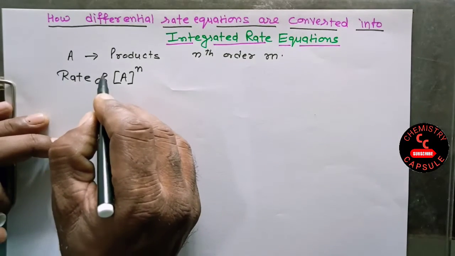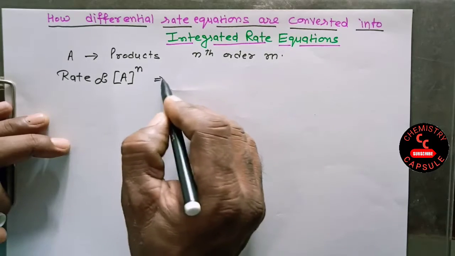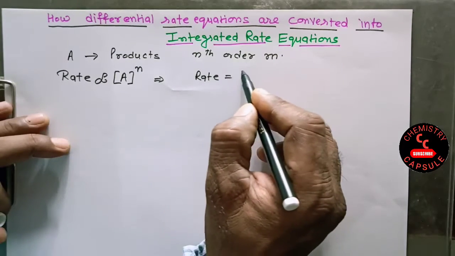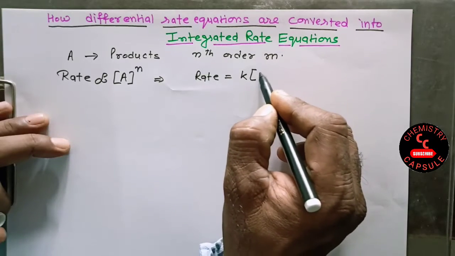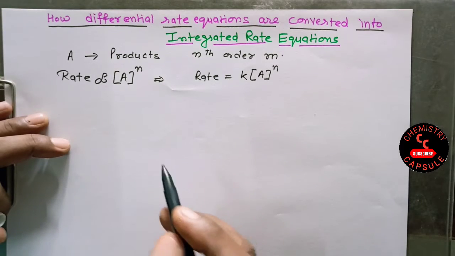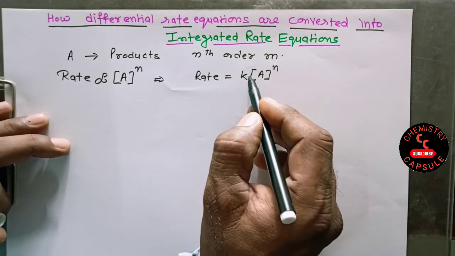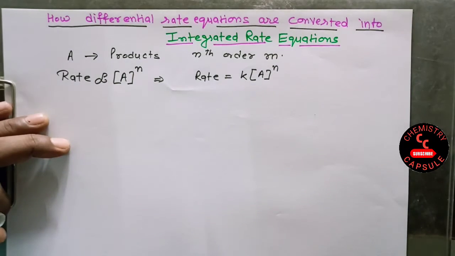And when we replace this sign for constant of proportionality by the sign of equality, we use a constant k, small k, which is the rate constant of that reaction. So we can write rate is equal to k into molar concentration of reactant A raised to power n.